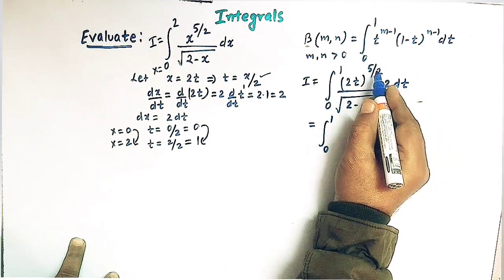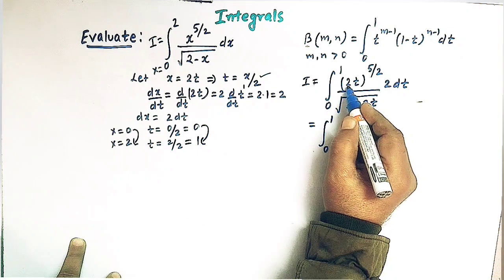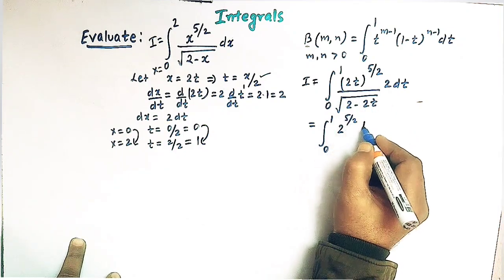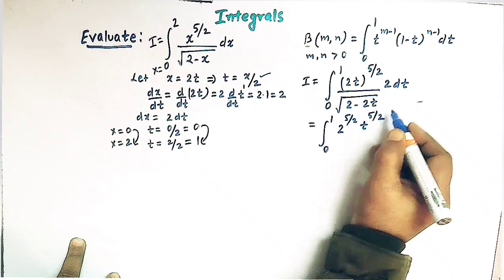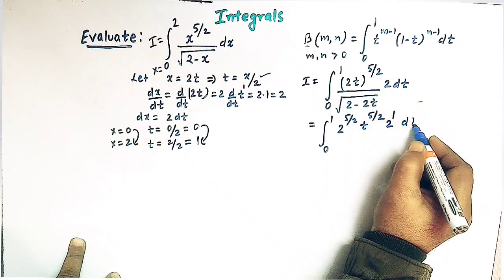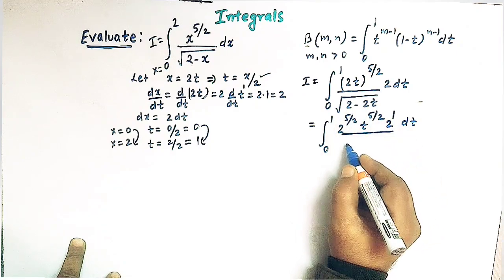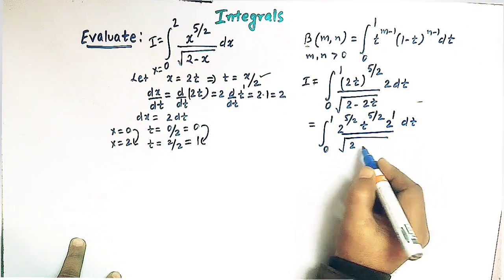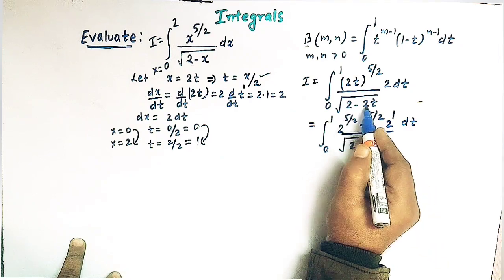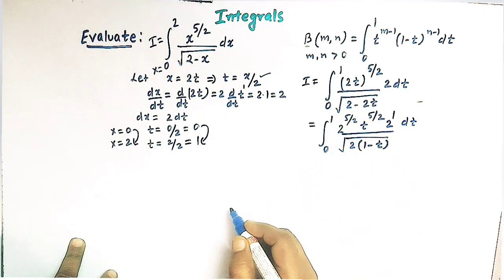So we can now distribute this power, that is 5 over 2 over 2 and t. So we have 2 raised to 5 over 2 t raised to 5 over 2. Here we have 2 raised to 1 and dt, and in the denominator we have square root of 2 times (1 minus t), taking 2 common under the square root sign.